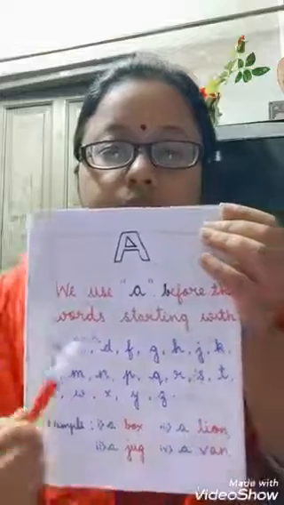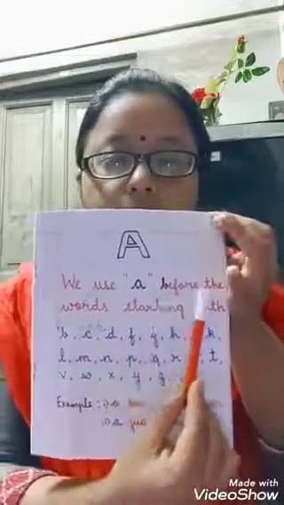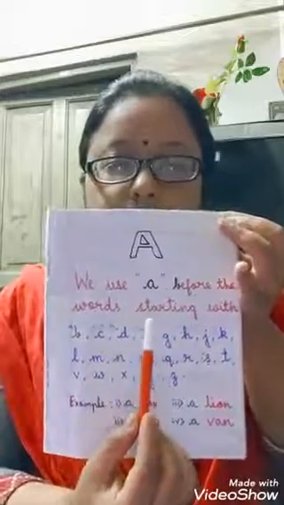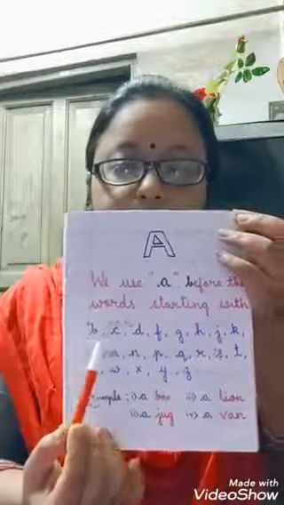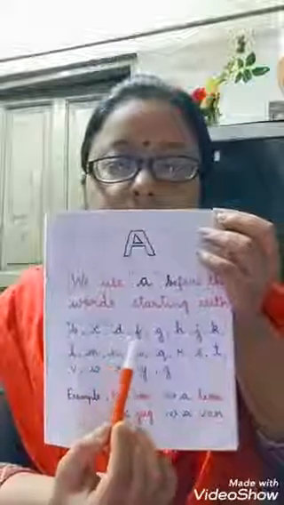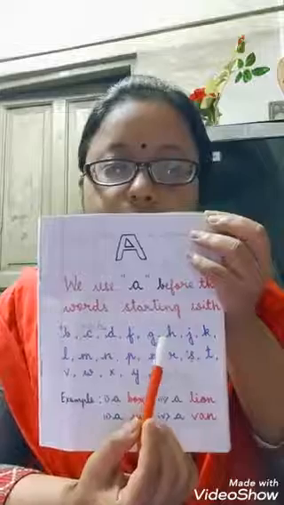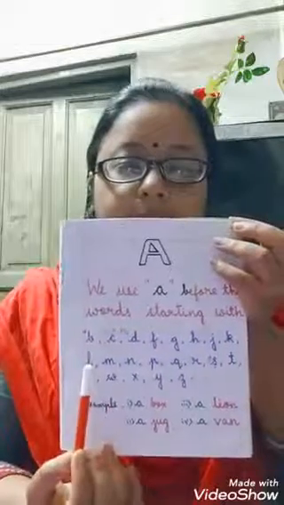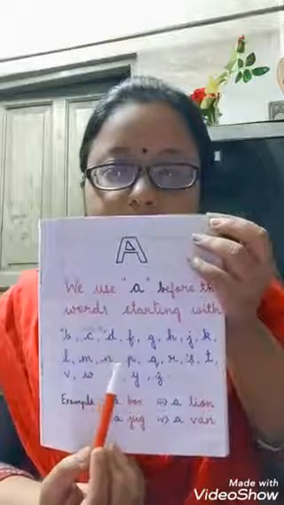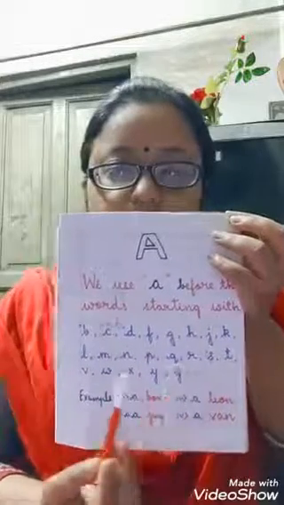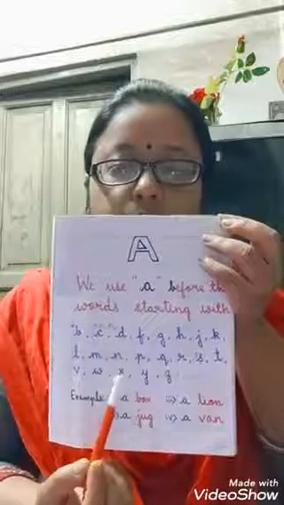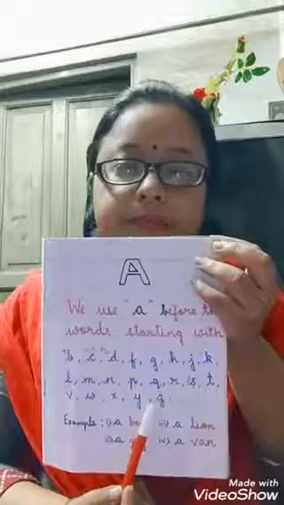We use a before the words starting with B, C, D, F, G, H, J, K, L, M, N, P, Q, R, S, T, V, W, X, Y, Z. We use an before A, E, I, O, U.